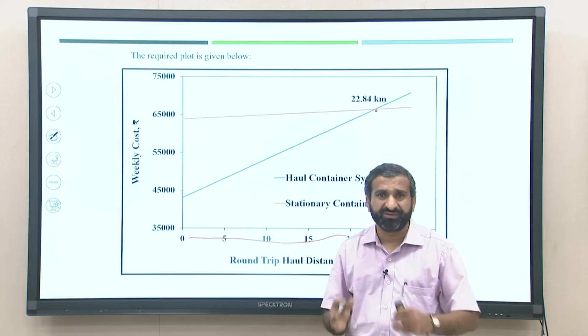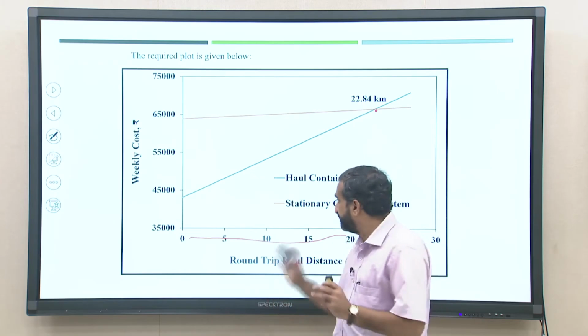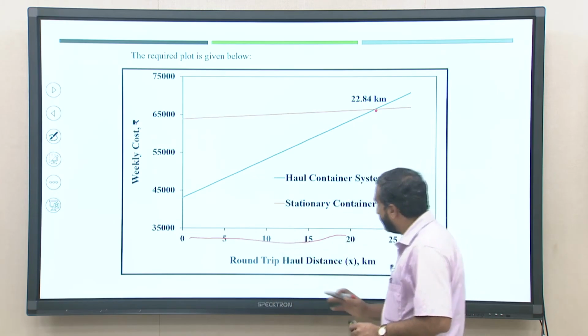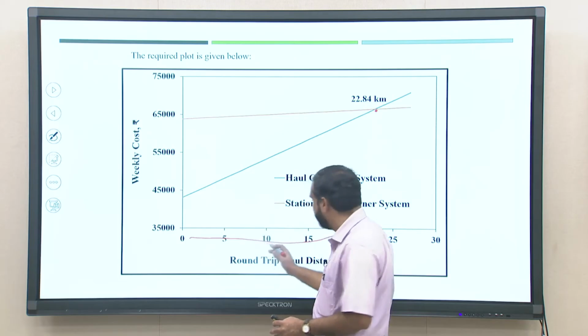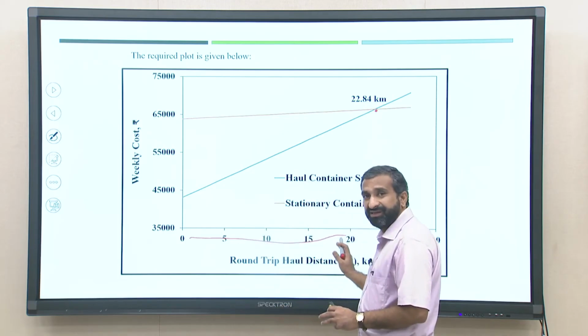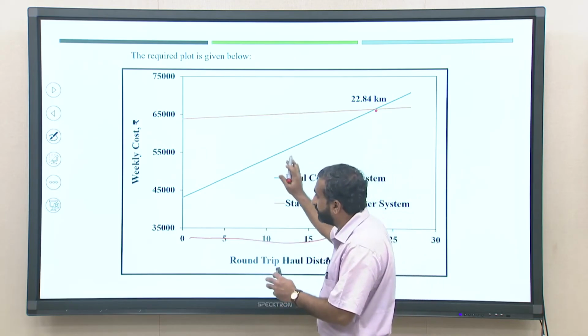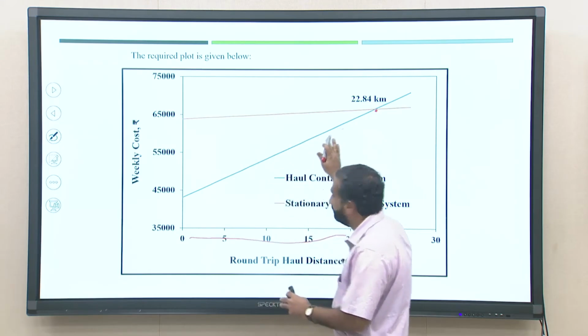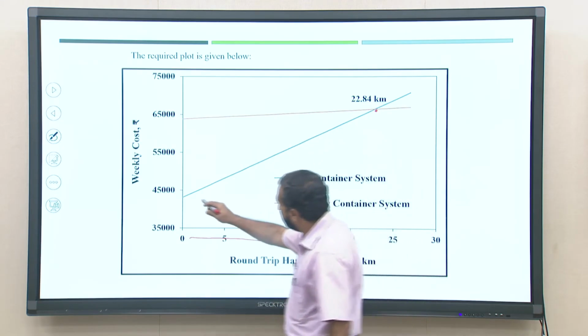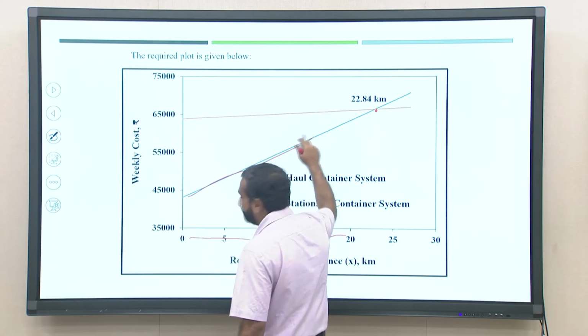So, a lot of hauling is required, but see here in this graph, for the smaller distances like 5 kilometer, 10 kilometer, even 20 kilometer, the cost of operation of the haul container system was very low, but it is increasing very fast.